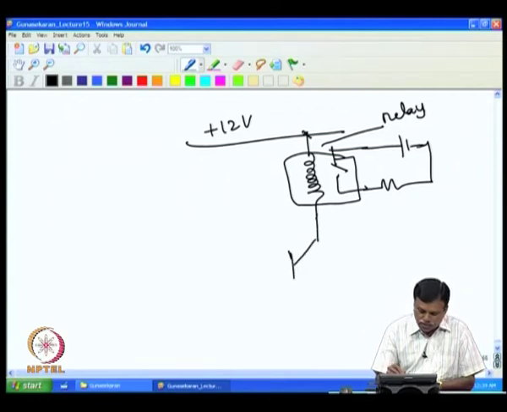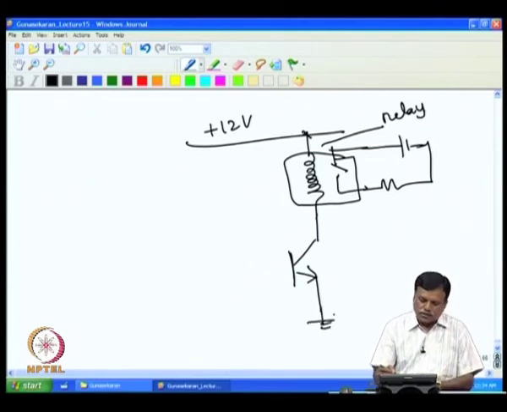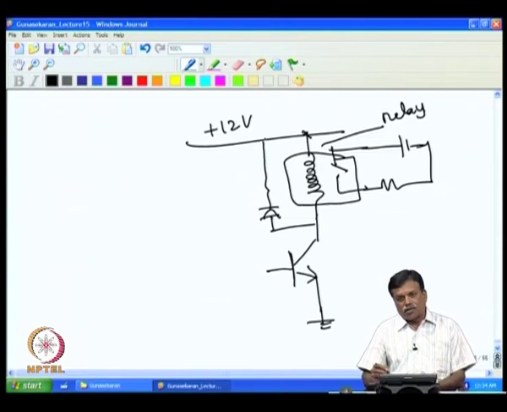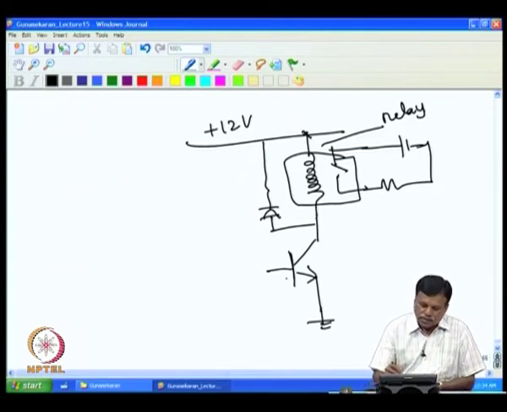So, I can use this, I can put this, and then we also have to have this. I will explain the use of this diode. Without this diode, the transistor invariably goes bad.